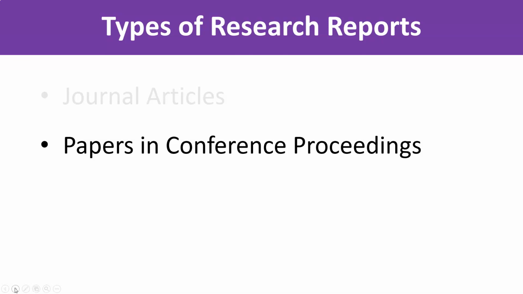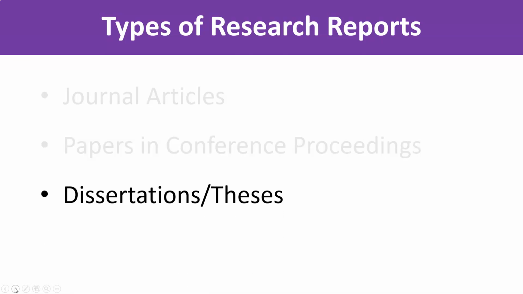For this category of publications, you have the opportunity to present the paper physically or remotely before a larger or wider audience. It has the advantage that you receive feedback right on the spot, because people will ask you questions and make comments on your presentation, and those are feedbacks you can use to improve the quality of the paper. So papers in conference proceedings form another type of research report.